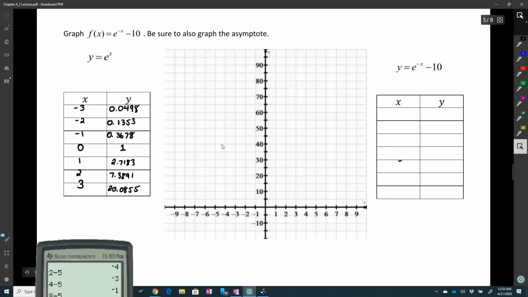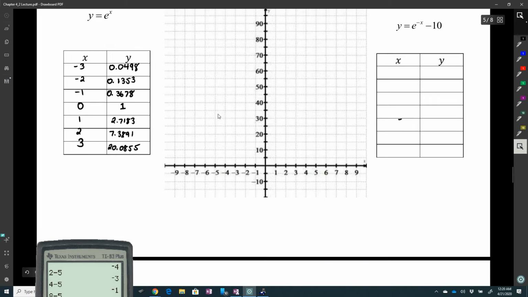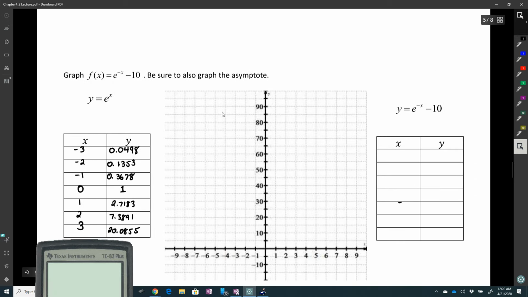All right. So I have my values for e to the x, and I want to do stuff to them. If I look at my graph, notice there's the inside and the outside. What this is saying is you're going to flip all the x values, whereas this one is just saying down 10.